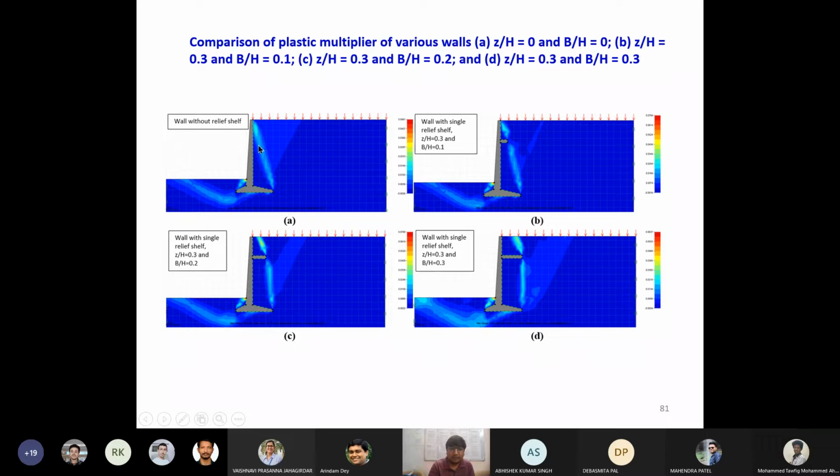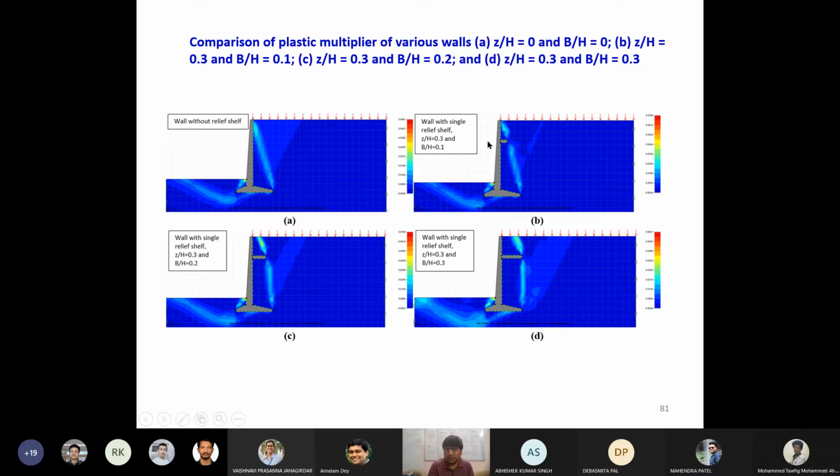One has this much inclination and one has this kind of inclination, and this orientation depends upon the phi value and the width of the heel slab, okay. Whether this particular failure plane will intersect the wall stem depends on various factors. At the end of this presentation, I'll give you the name of the book where this kind of discussion is available.